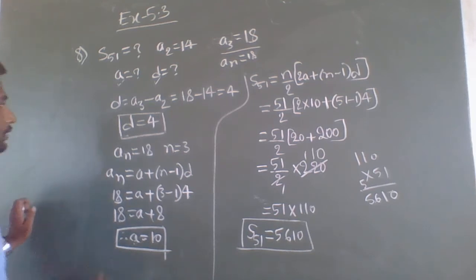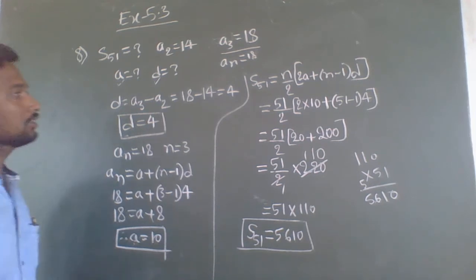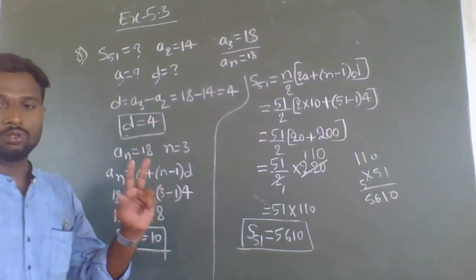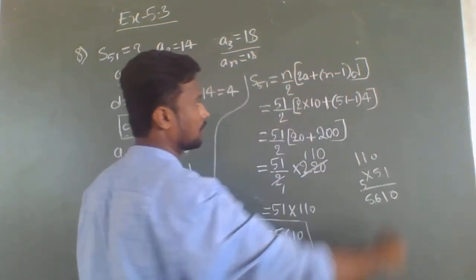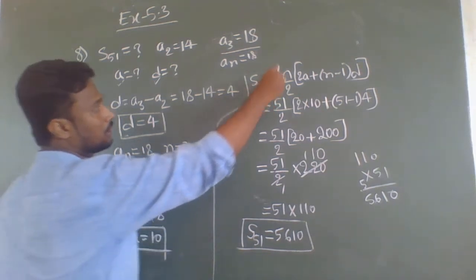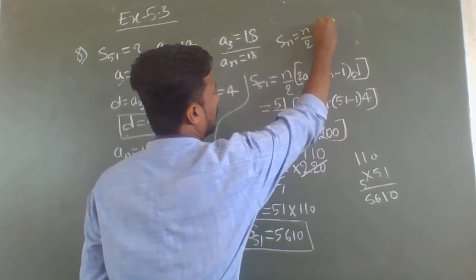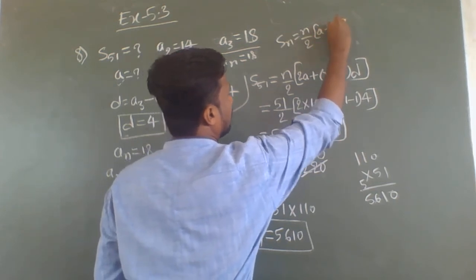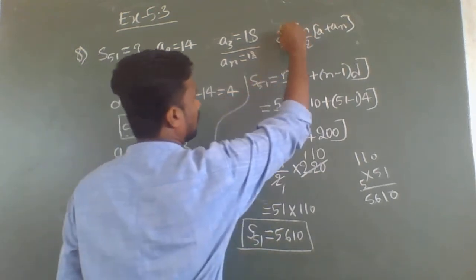Next, by using the a and d values, I can calculate the sum of 51 terms. To calculate the sum of n terms, there are two formulas. One is Sn is equal to n by 2 into bracket 2a plus n minus 1 into d, and another one is Sn is equal to n by 2 into bracket a plus an. But here I cannot use this formula.